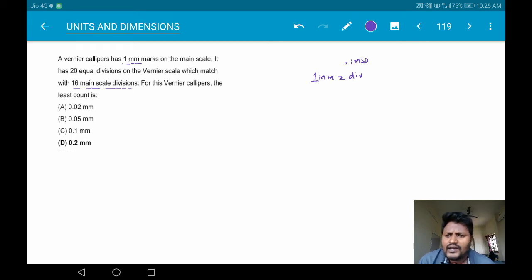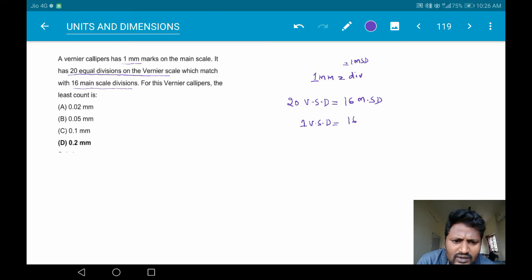One more hint is given, it has 20 equal divisions on the vernier scale, that means 20 vernier scale divisions coincide with 16 main scale divisions. So we should know the 1 VSD. What is the 1 VSD? We can write 16 by 20.